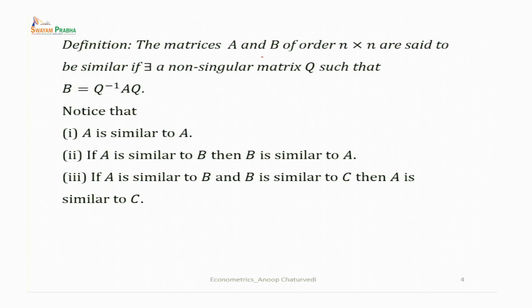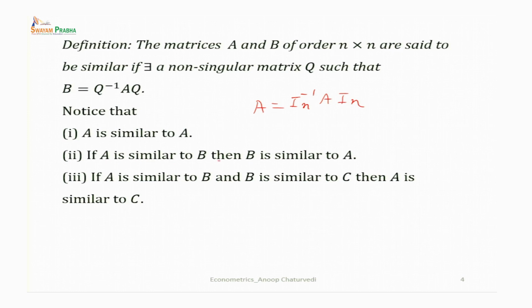Now, suppose A and B are two square matrices of order n cross n, then these two matrices are said to be similar if there exists a non-singular matrix Q such that B is equal to Q inverse A Q. So, if you can write B as Q inverse A Q, then B is similar to A. Then you can easily verify that A is similar to A, because you can always write A equal to I n inverse A I n.